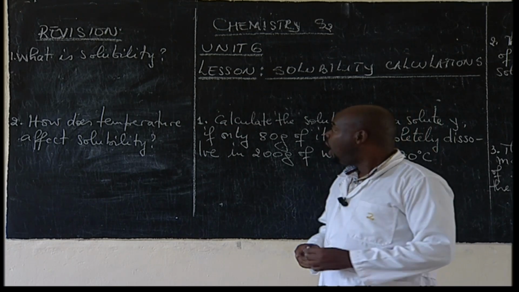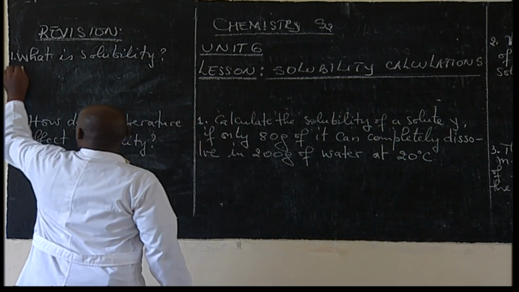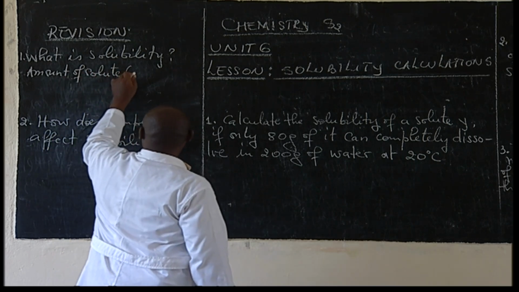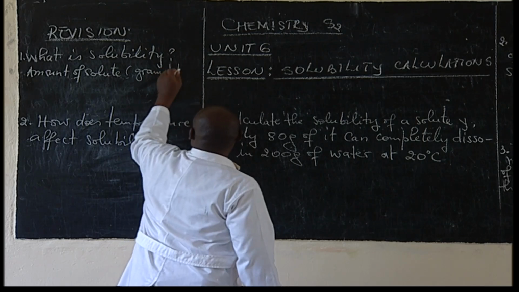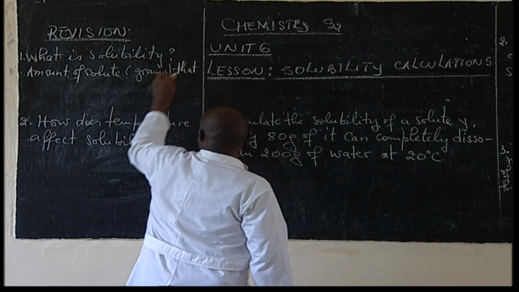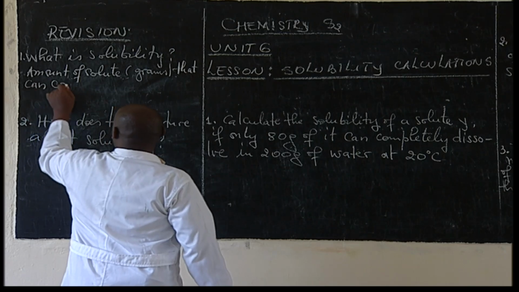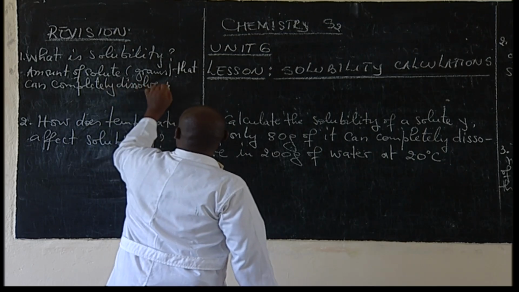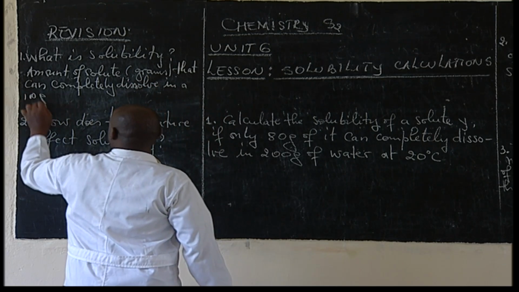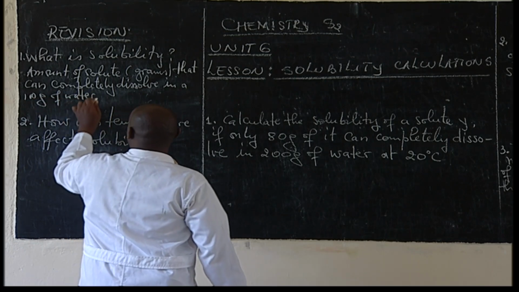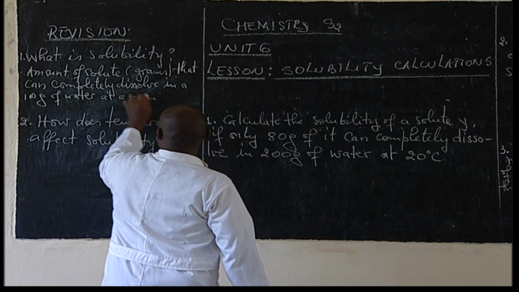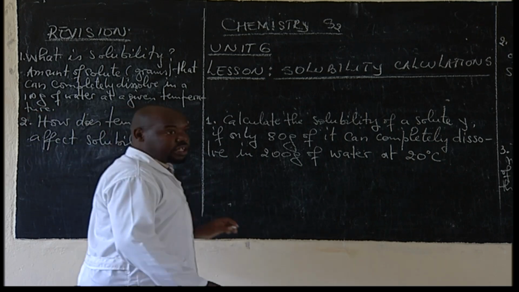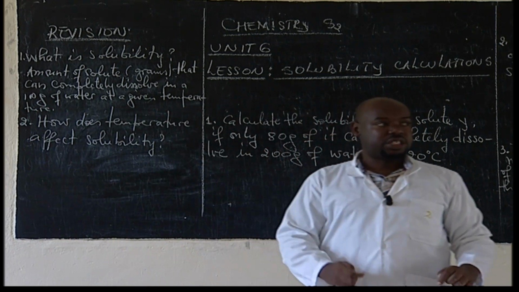If you have defined it as the amount of solute in grams that can completely dissolve in 100 grams of water at a given temperature, you are right. That is the definition of solubility.